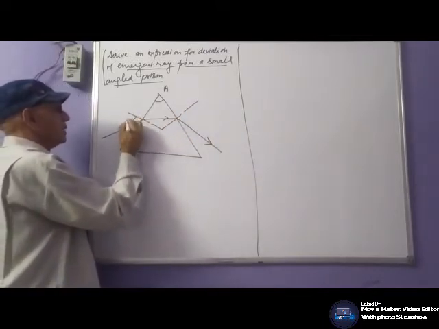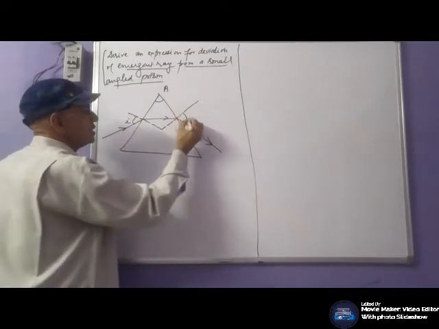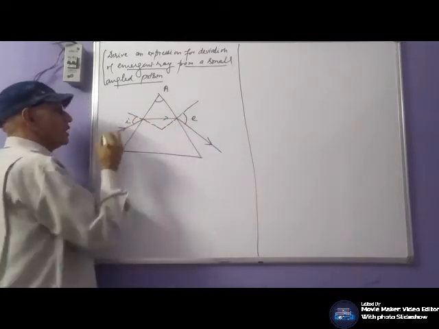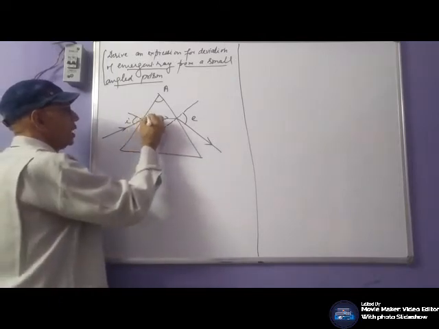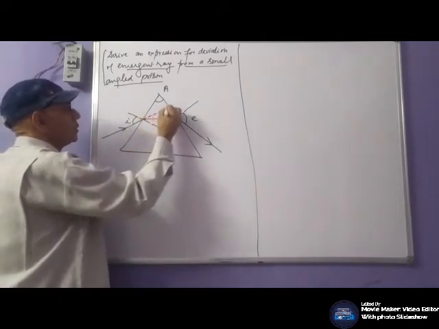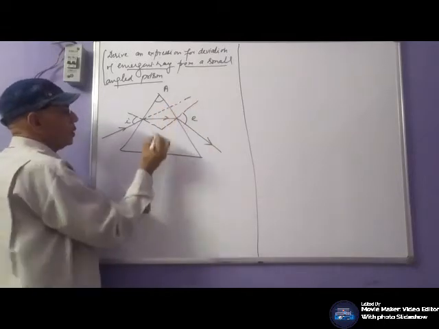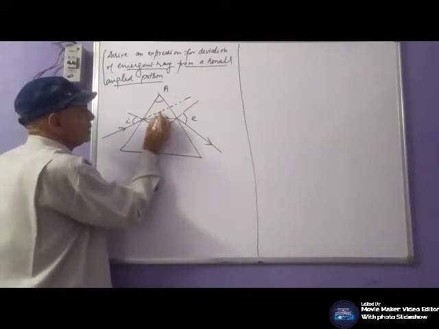This is I, this is E. This is angle of incidence, this is angle of emergence. This was the path of ray, original path, and this is path of emergent ray.